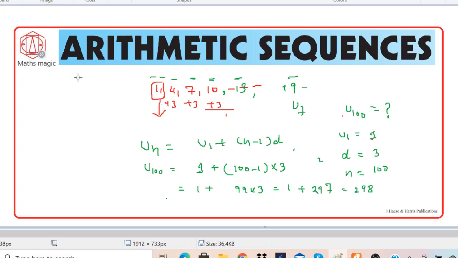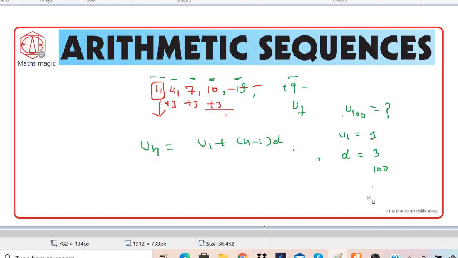Now I want to add a few notes which will be really helpful to solve some complicated questions. So I'll just erase this example. I think it's clear to you how you can use this formula to find any specific term. Now you have to see some techniques which will help you to solve some difficult questions.